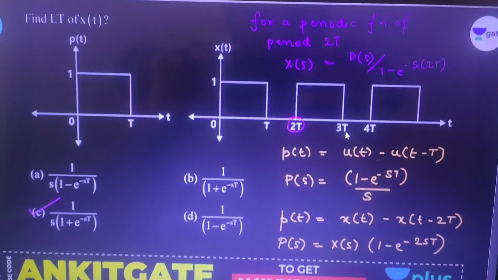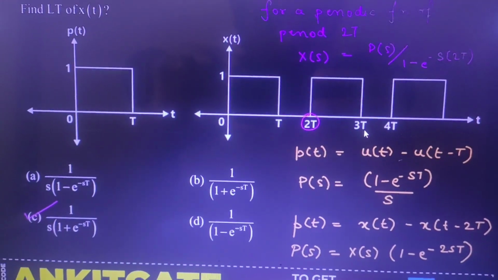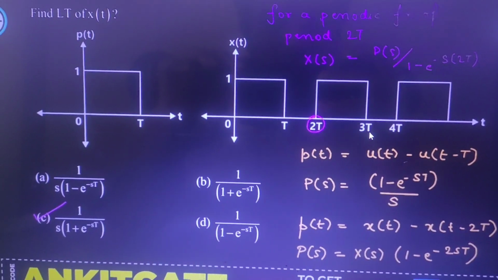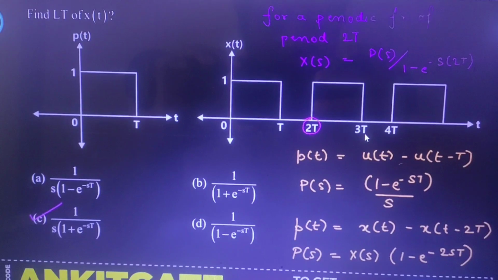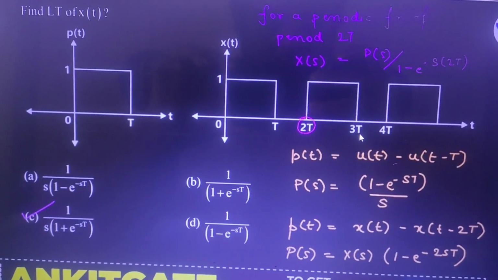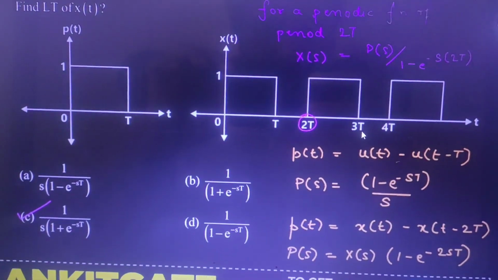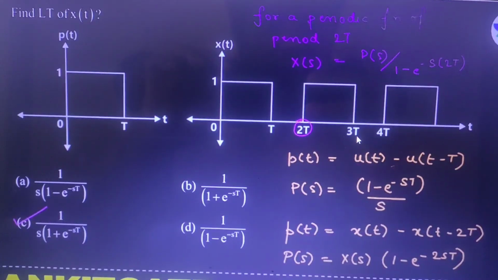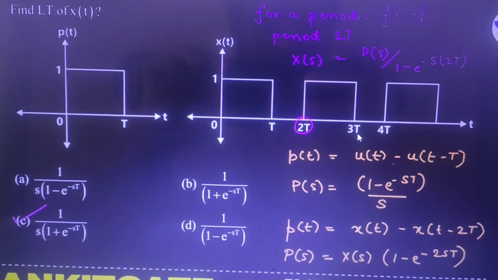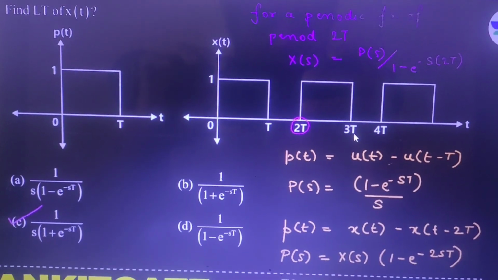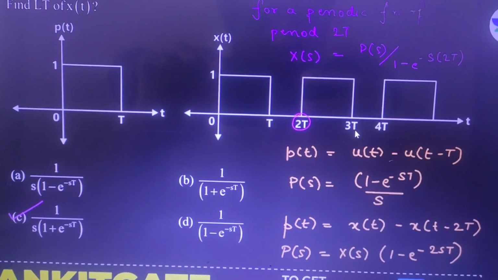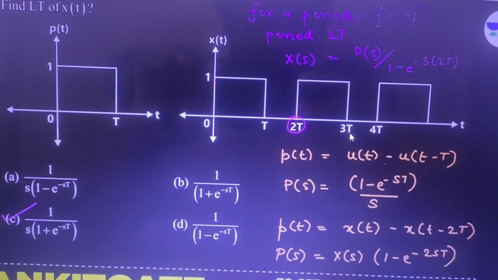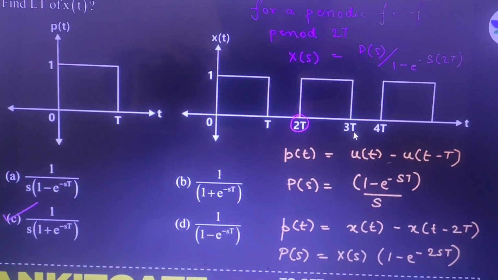In this problem he has given x of t, p of t. P of t you can write as u of t minus u of t minus tau. So you can write P of s in Laplace transform as 1 minus e power minus st. For a periodic function of period 2T, X of s can be written as P of s by 1 minus e power minus s into 2T time period.